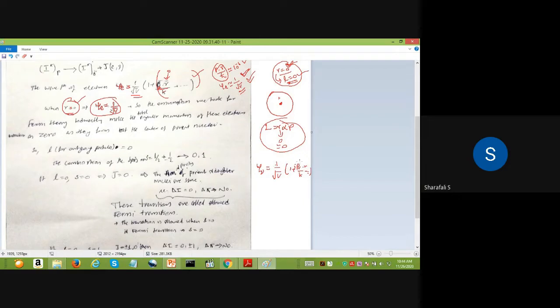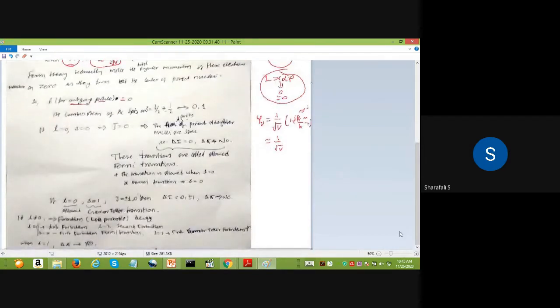We took the extra term as almost 0 and negligible, and made this approximately 1 by root v. So indirectly the angular momentum becomes 0 in that case also. So for both outgoing particles, the electron and the neutrino, the angular momentum is equal to 0. That is what we have done indirectly in our derivation.